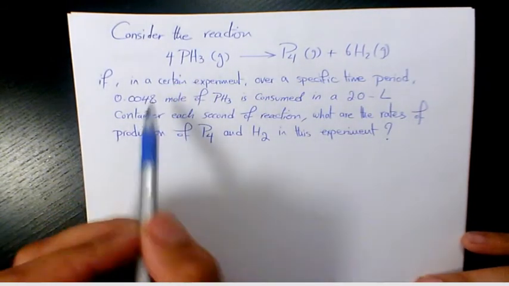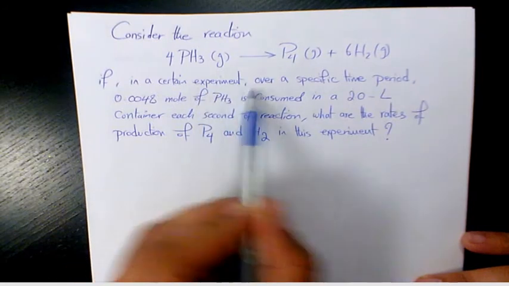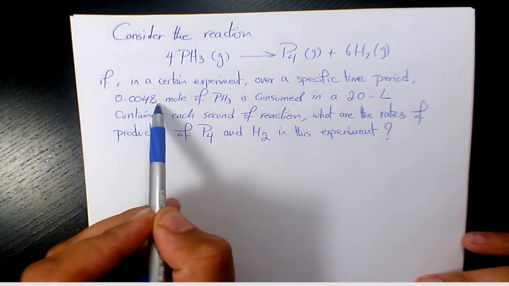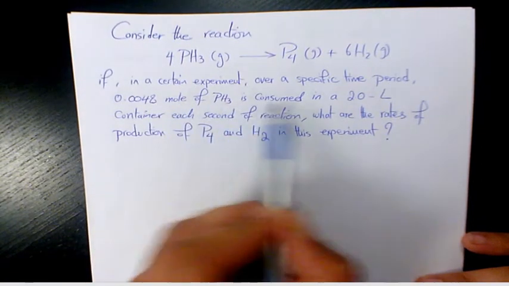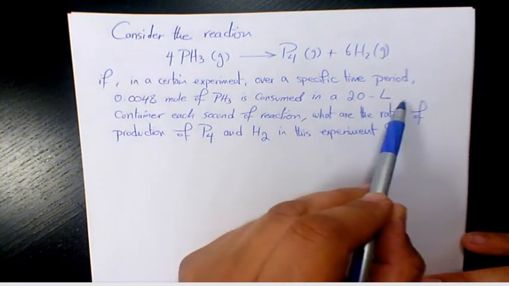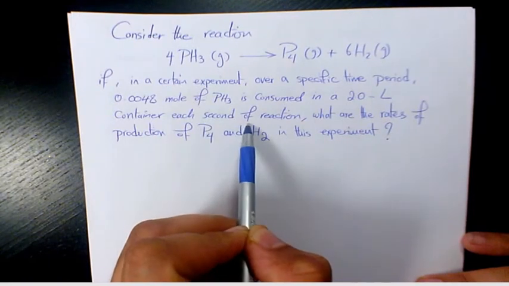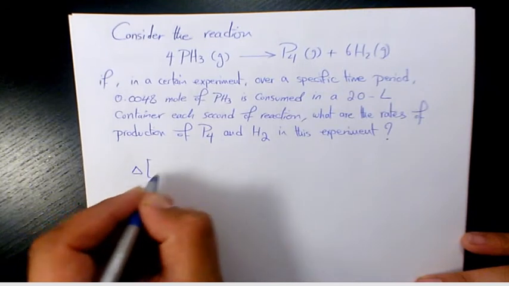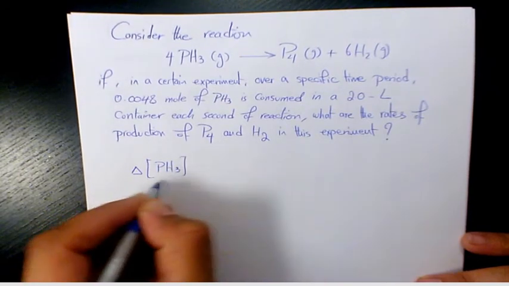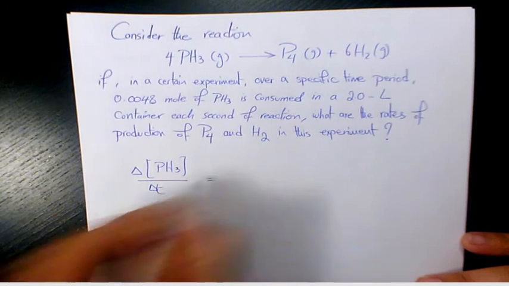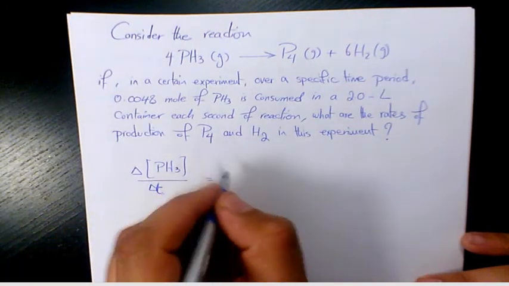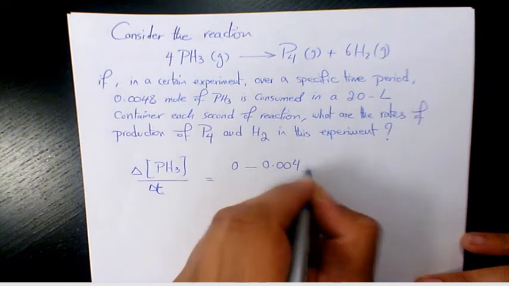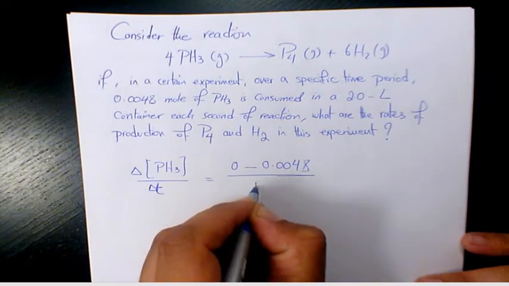That's good. It says in a certain experiment over the specific time period, 0.0048 moles of PH3 is consumed in a 2-liter container each second. So it means that the change in concentration of PH3 over time is 0 minus 0.0048 divided by 1 second.